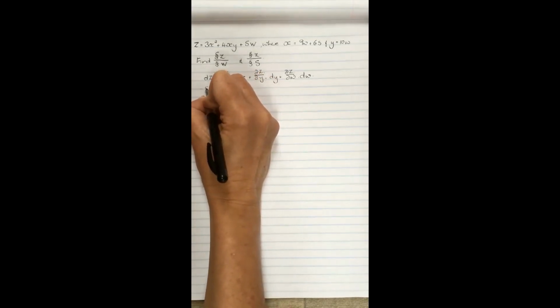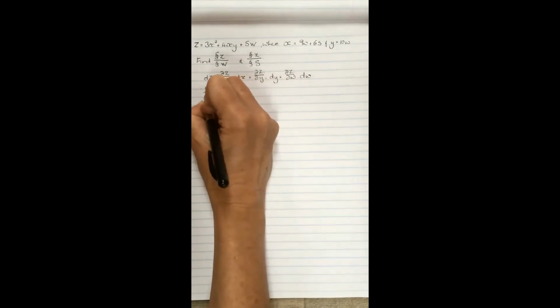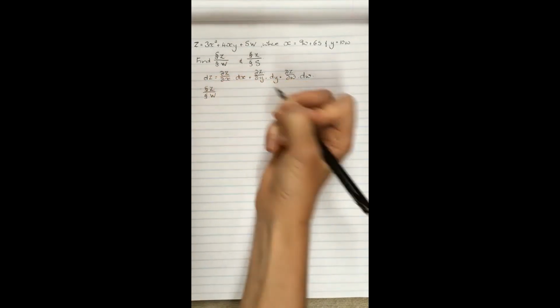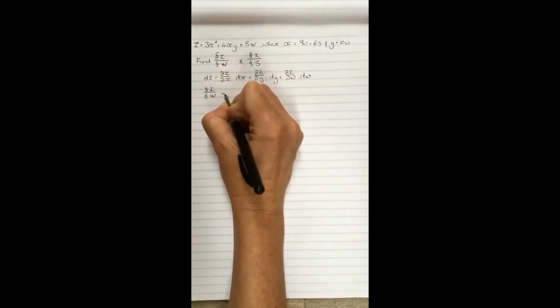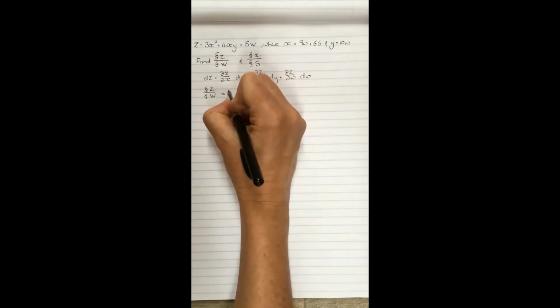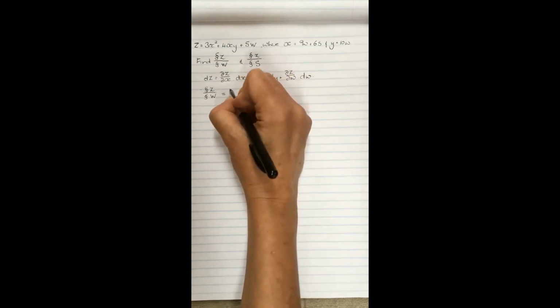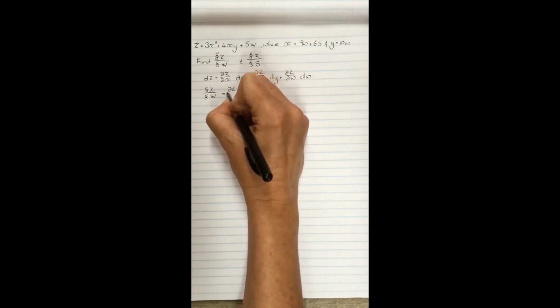So on this side, we need to indicate our partial total derivative like that. And on the right-hand side, we will need to use our partial derivative notation.